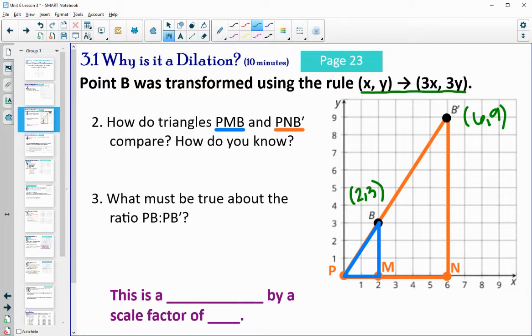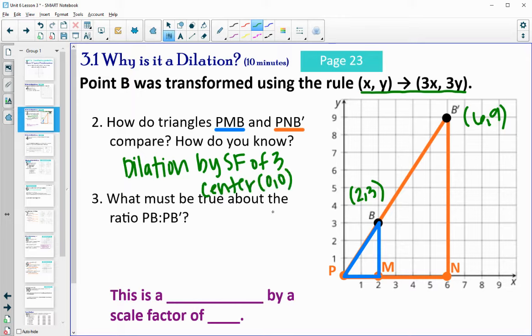So it looks like they're dilations, like it's a dilation by a scale factor of 3. And looks like the point of dilation is point P, the origin. So a scale factor of 3, center at 0, 0.